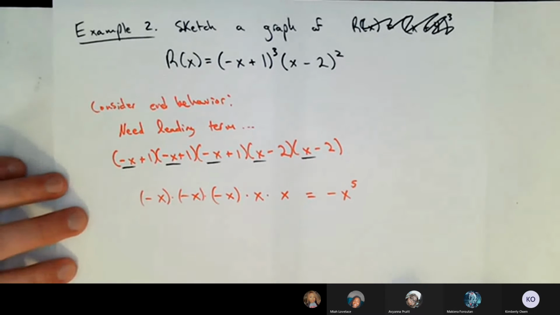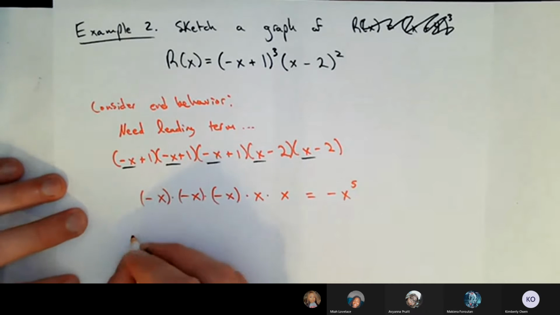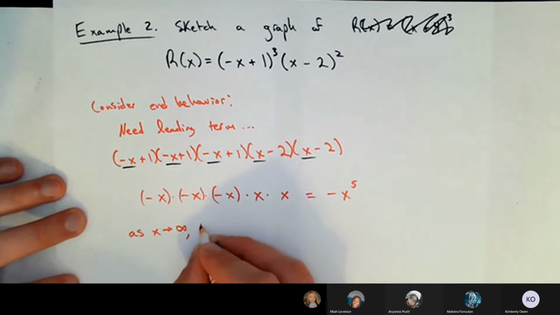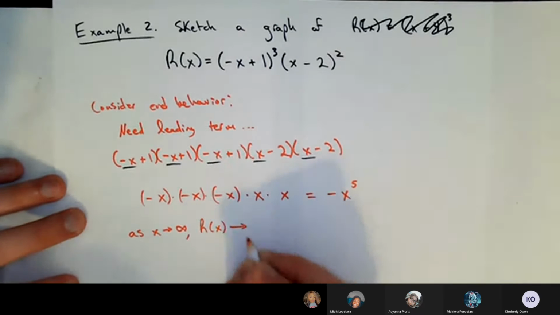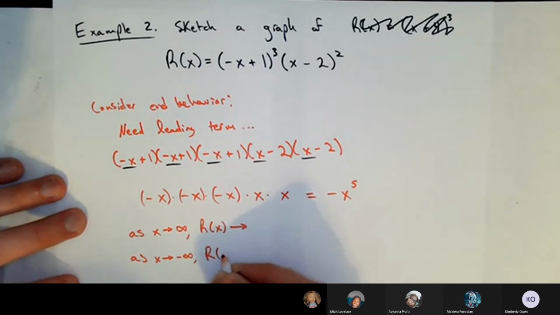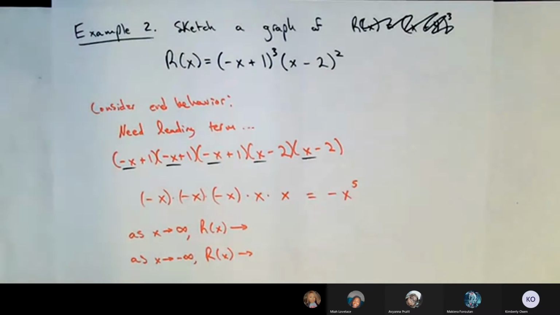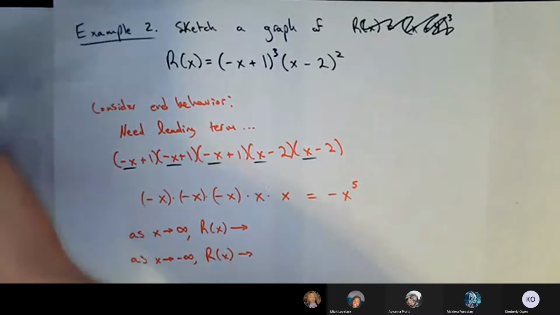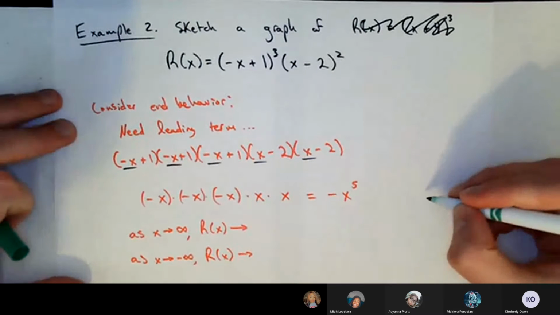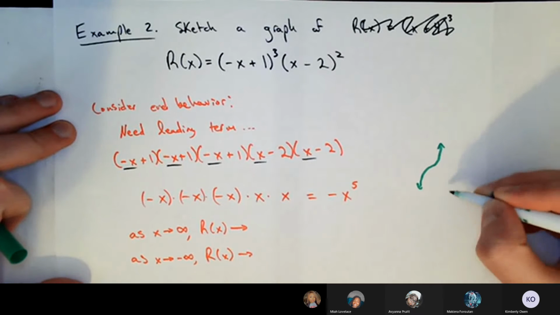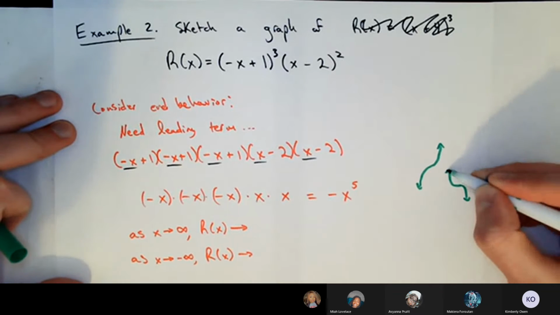This is quite different from the past 2 examples I looked at. This one is going to have a different end behavior. Since it's odd degree, I know the legs are pointing in opposite directions: either down then up, or up then down.